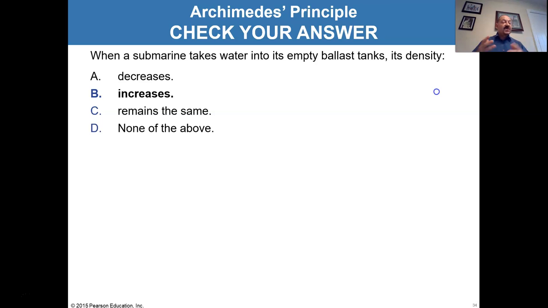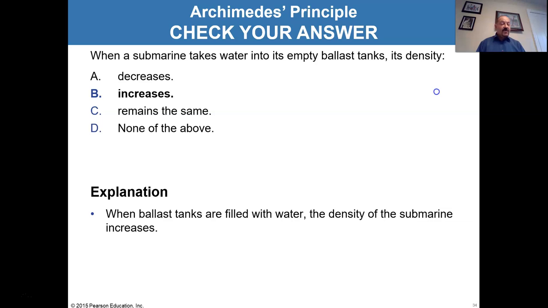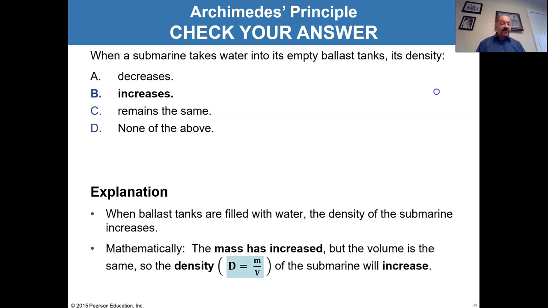You're making the submarine heavier for the same volume. So now you're increasing the mass without changing the volume, and that will increase the density. So you put water in there, the density will increase. Now, D equals M over V, you're increasing the M without changing the V, you're going to increase the D. D and M are proportional, D and V are inversely proportional.